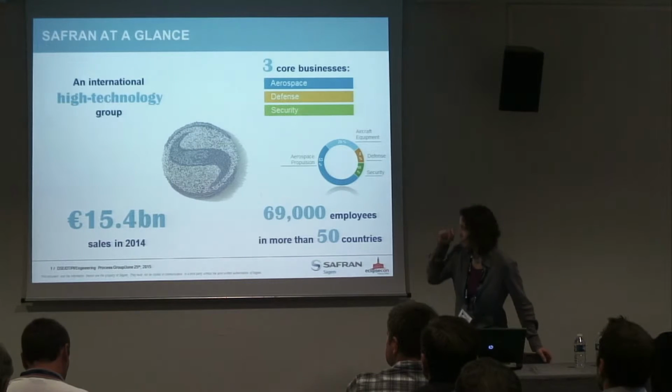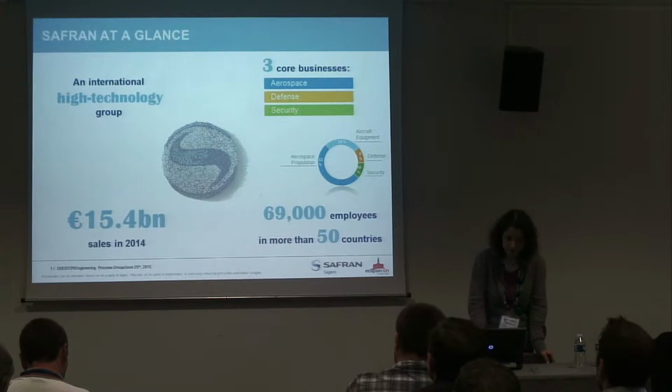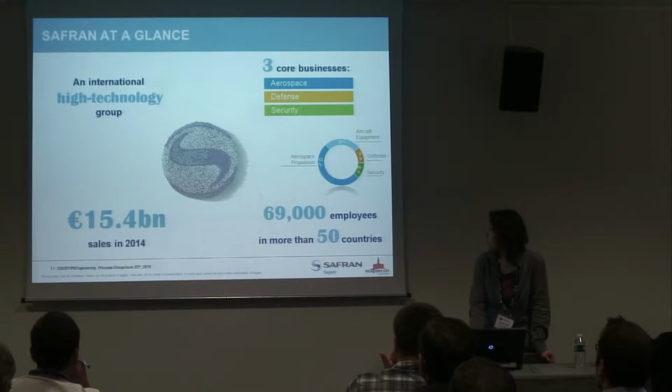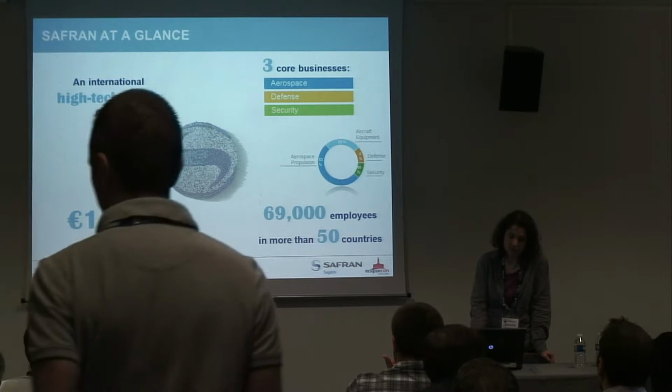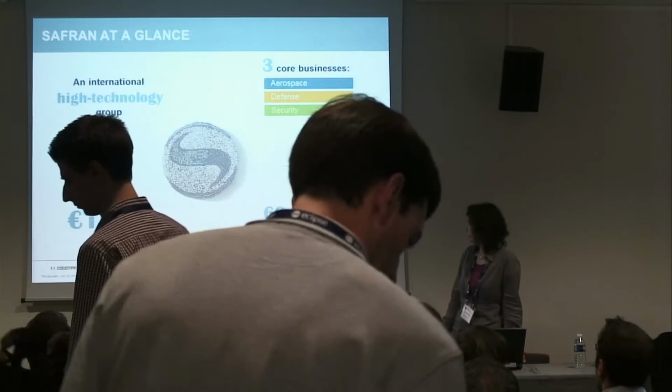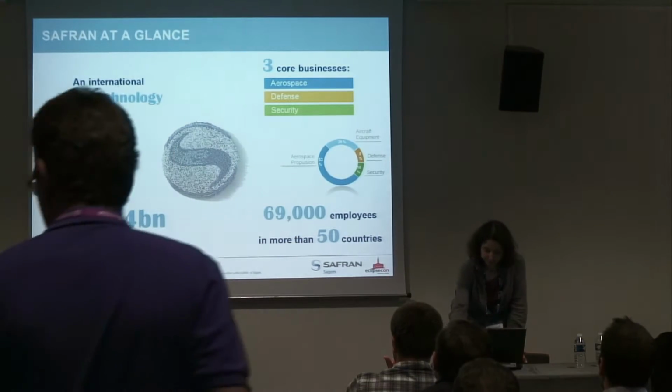So just a few official slides. Of course, I'm not going to spend a lot of time commenting on them, just to set up the context of the development. SAGEM is a company that addresses three core businesses: aerospace, defense, and security, with the largest part in aerospace.